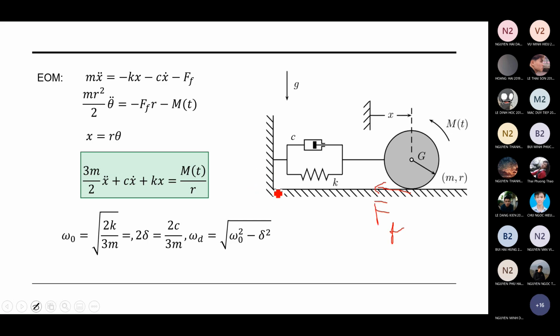This is the first equation of motion for the translation motion, and the second equation is for the rolling.